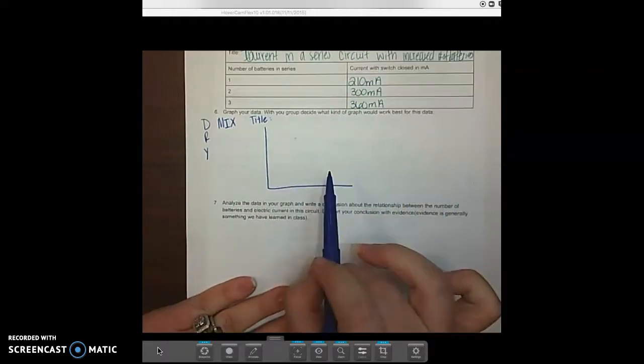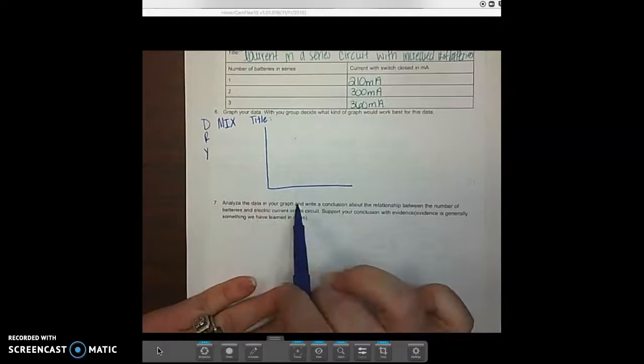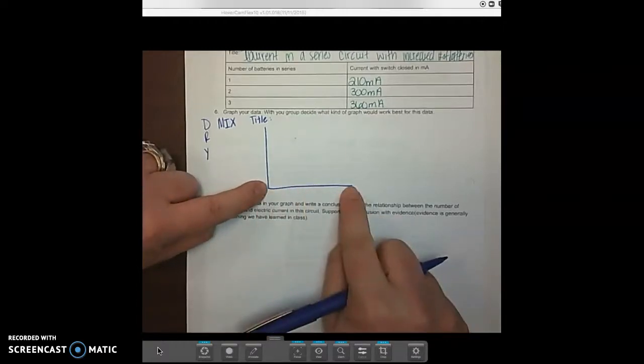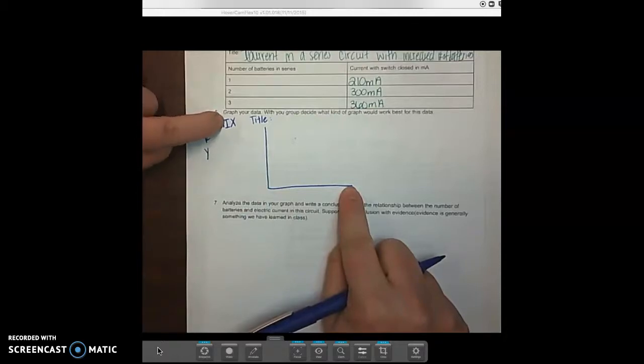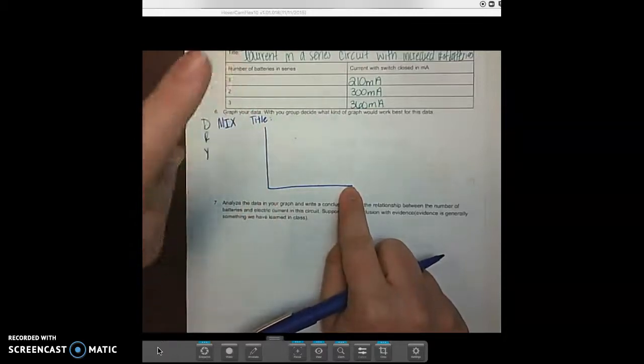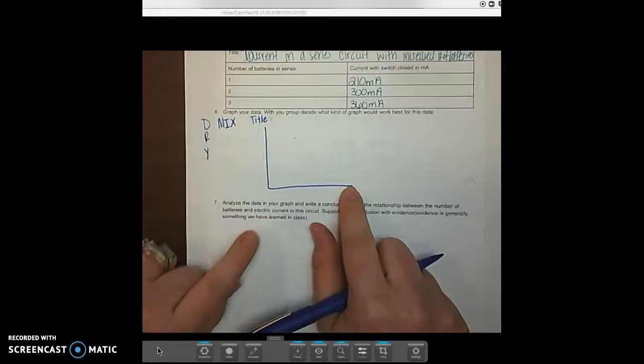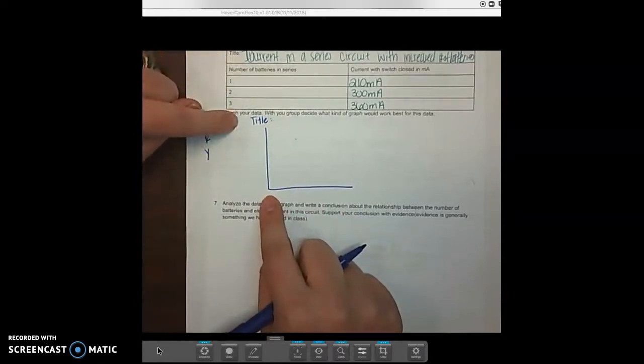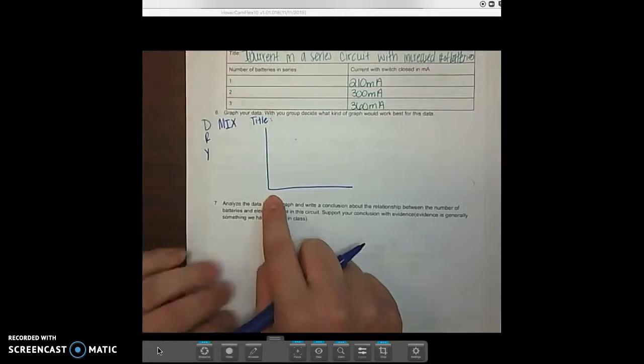Now we need a title for each of these. So on our x-axis, we've got the independent variable. So remember, when we had our independent variable, it was what is changing. So we're changing the number of batteries.